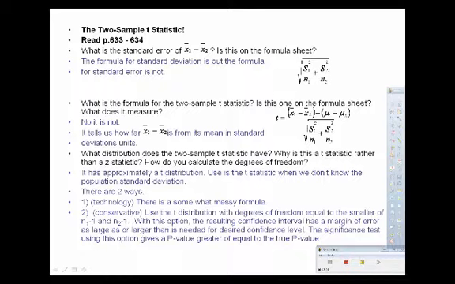And with this option, the resulting confidence interval has a margin of error as large as or larger than is needed for the desired confidence level. The significance test using this option gives a p-value greater than or equal to the true p-value.